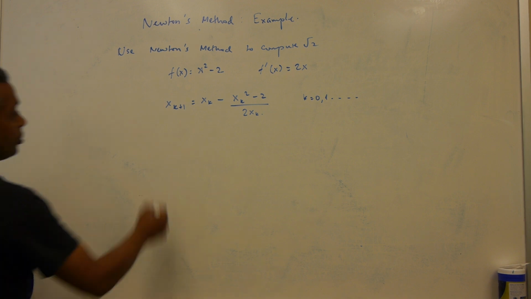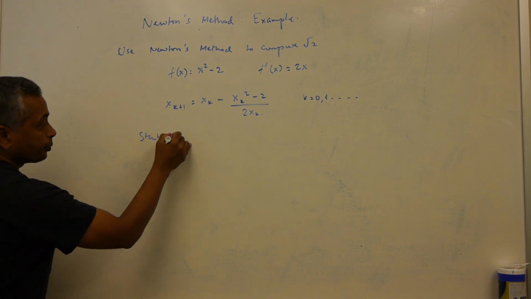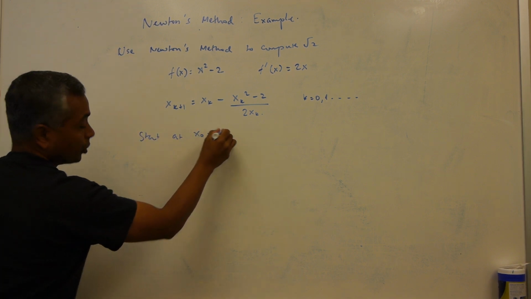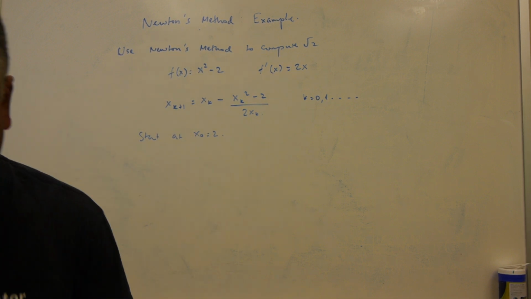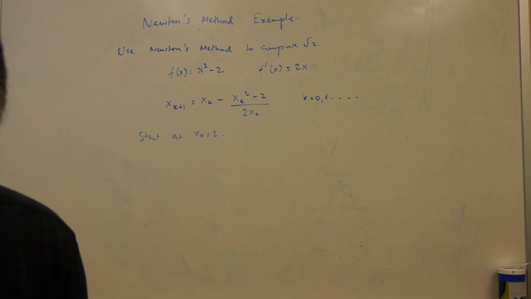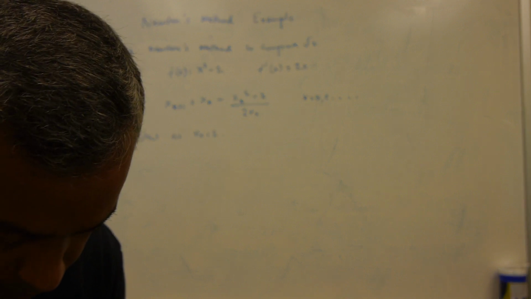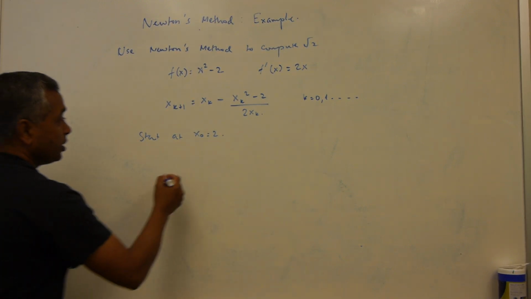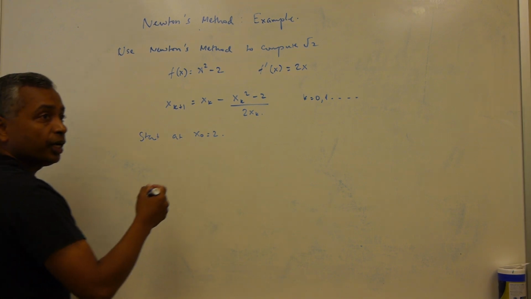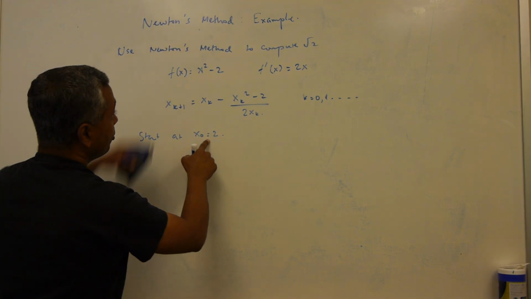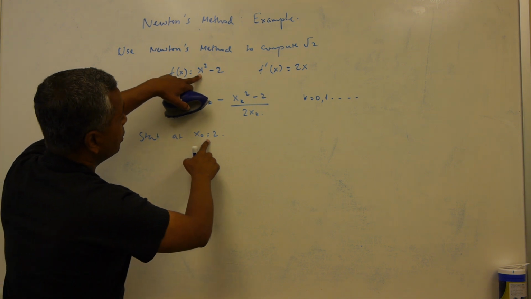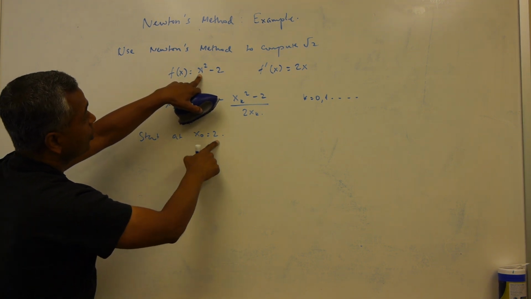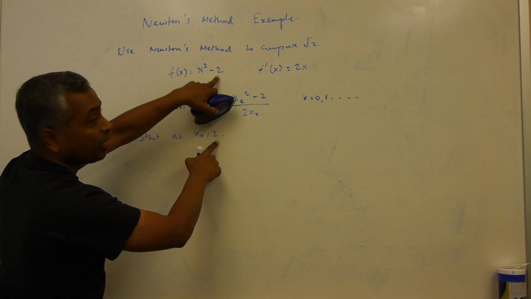Right. So let's say you start at x0 equals 2. Let me get the values. I'm not going to compute these. So at x0 equals 2, you can compute the error. So how far you are from the solution. So if x0 equals 2, that's 2 squared, that is 4 minus 2.